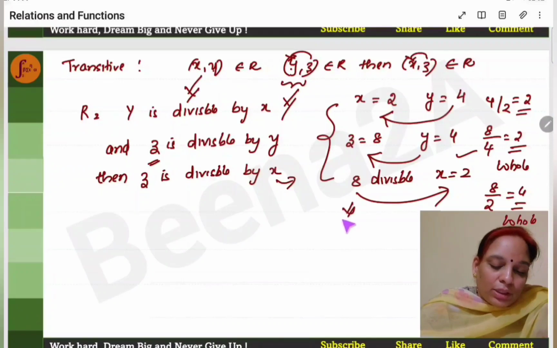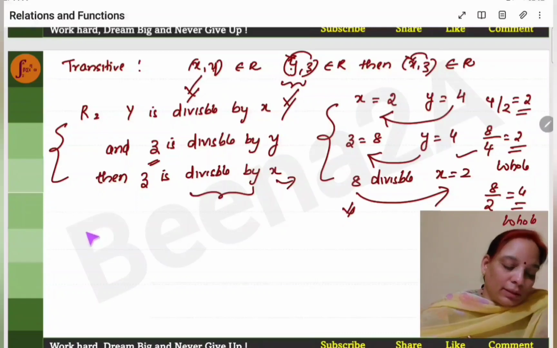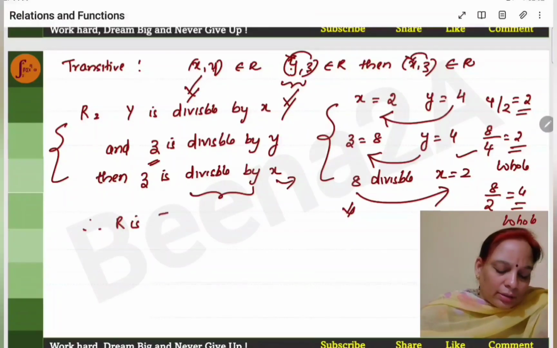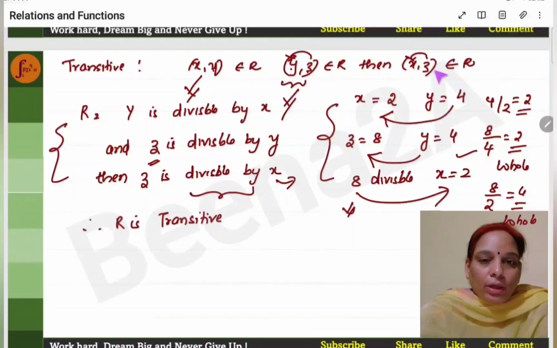Right? Using this example, we can say R is transitive, or we can say, since Y is divisible by X and Z is divisible by Y, Z is divisible by X. Therefore, R is transitive. Or you can simply say x comma y belongs to R, y comma z belongs to R, therefore x comma z belongs to R. Therefore R is transitive.